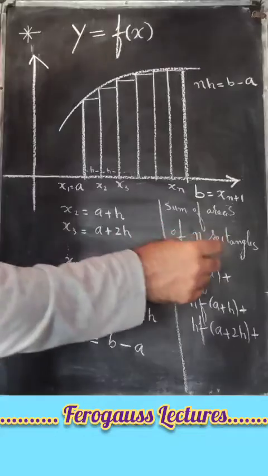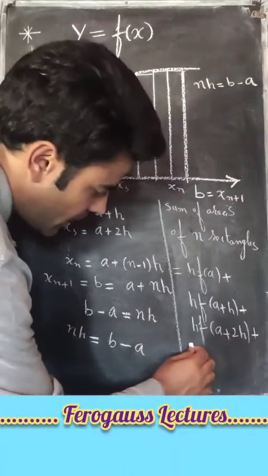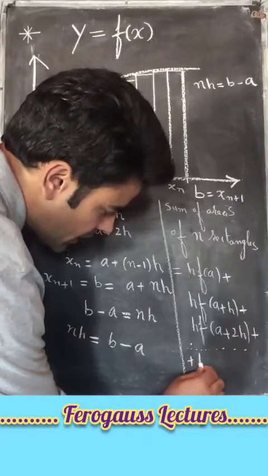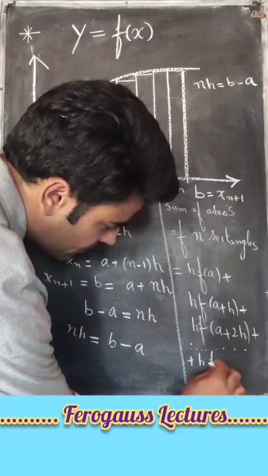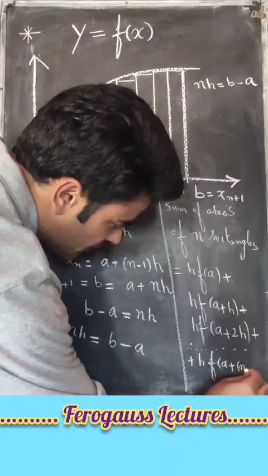Area of nth rectangle is h into f(a plus (n minus 1)h).